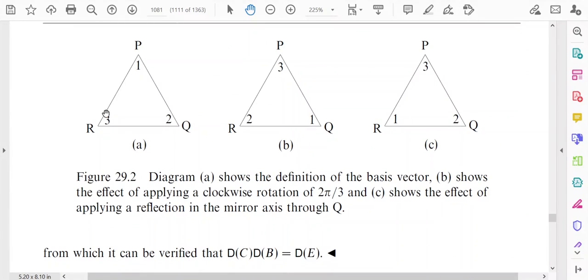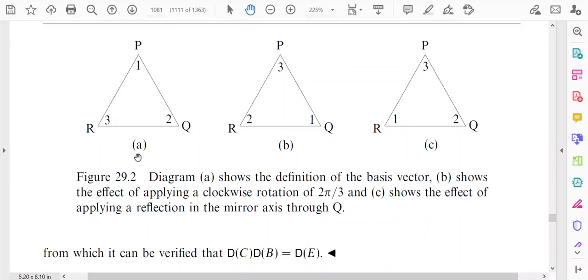Suppose this is an equilateral triangle and its corners are described by the points P, Q, R. There are three corners for the equilateral triangle, and P, Q, R are the respective corners.